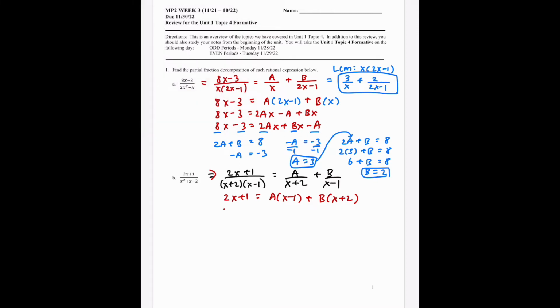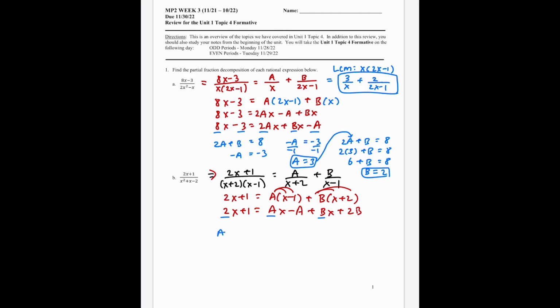So we have 2x plus 1 is equal to ax minus a. So you distribute out the a. You distribute out the b. So plus bx plus 2b. All right? So a couple things here. I notice 2 must be a plus b. Right?